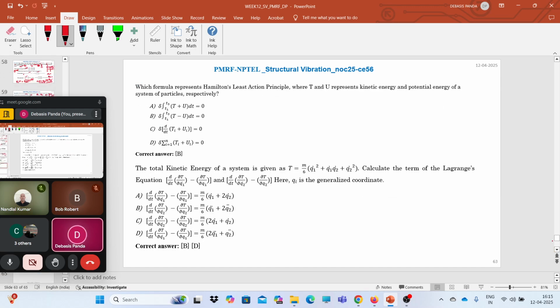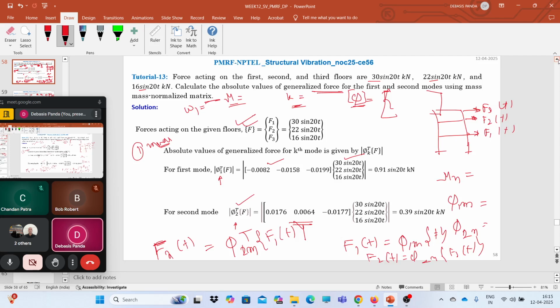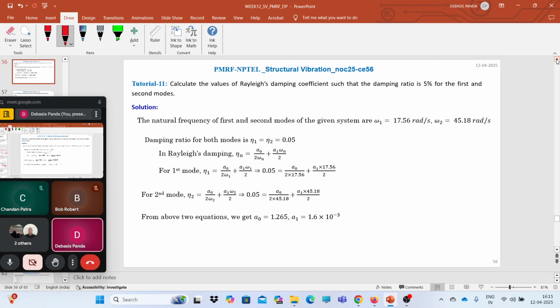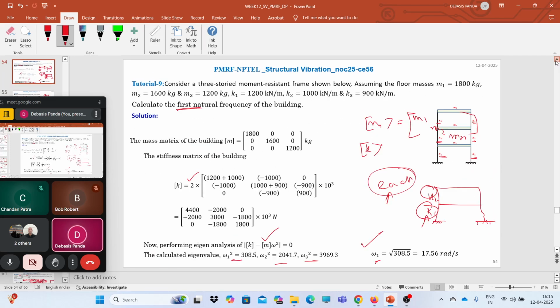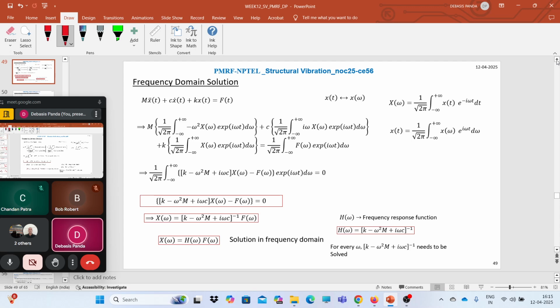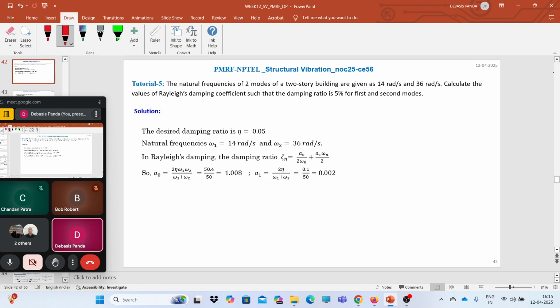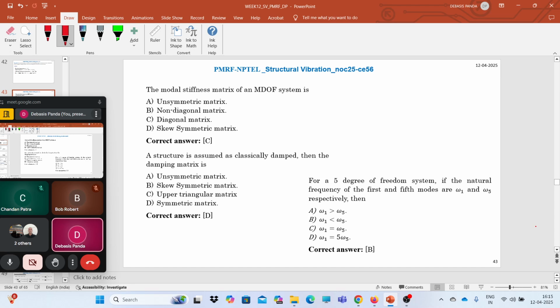Now, a few more questions related to the damping models. Very important. And obviously, 3 to 4 marks will come from these damping models. Damping models mean damping models in the multi degree of freedom system. So we have two kinds of damping models. Before going to the damping model, let's solve some MCQs.